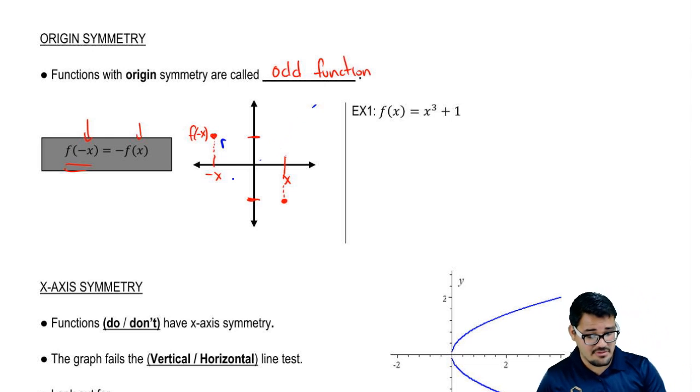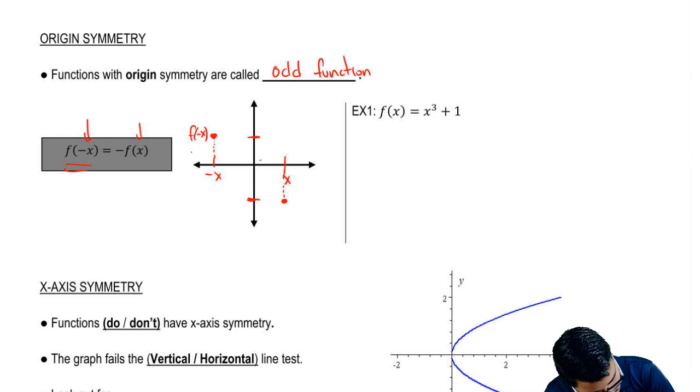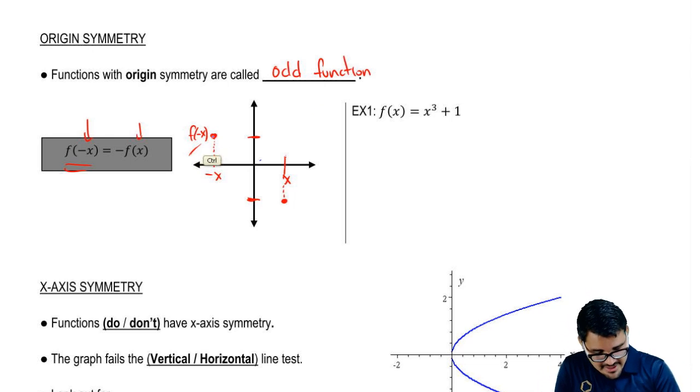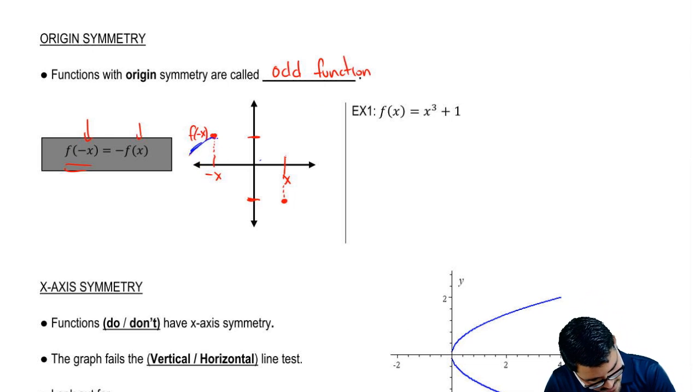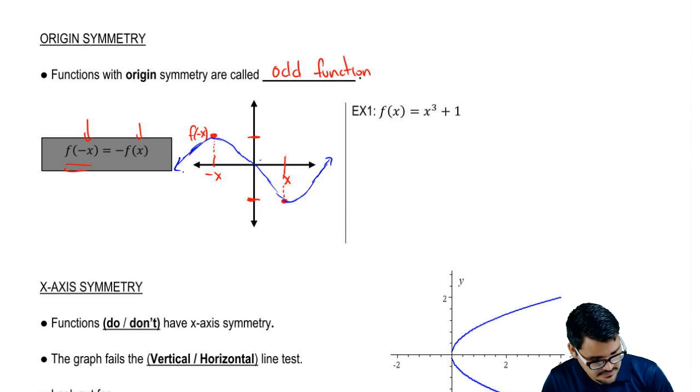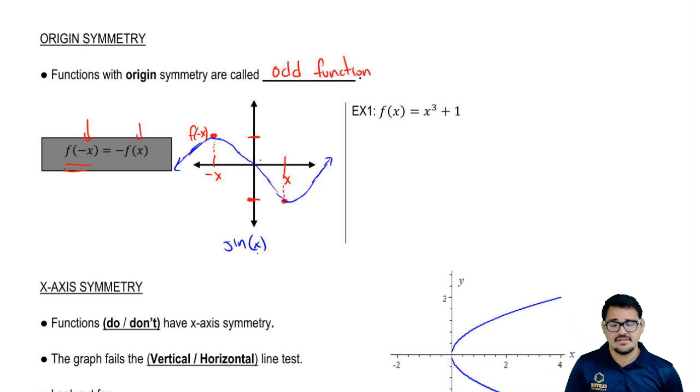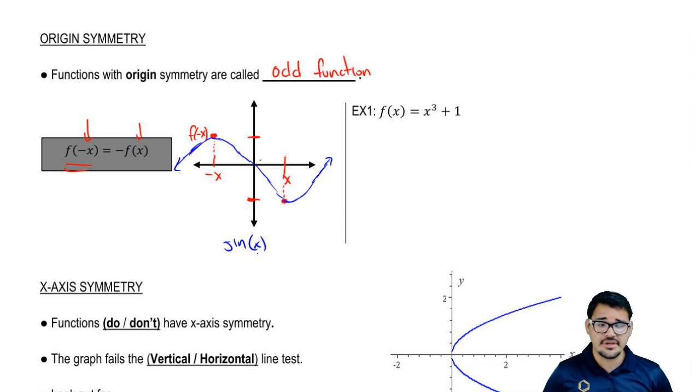Now the hard part is going to be for me to make it fit through those lines, so I'm going to just try my best here. If you guys see, I have tried to draw a sine function. So we said that a sine function has origin symmetry or is an odd function.